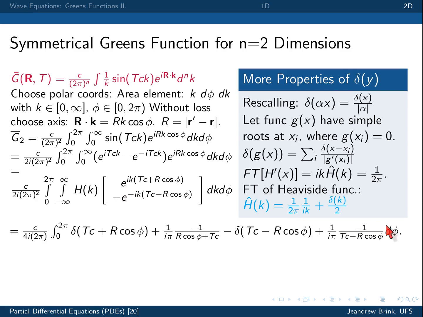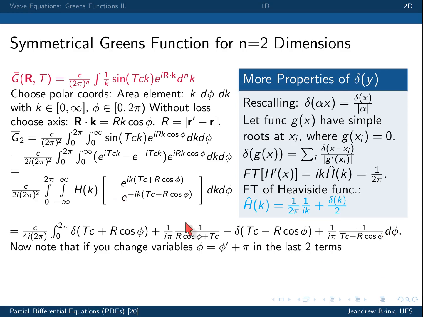Okay, so that gives us an explicit expression of this integral over the k variable, simply using the fact that we know what the Fourier transform of the Heaviside step function is, and we recast this thing in k space as a Fourier transform itself, and then we can just write it down.